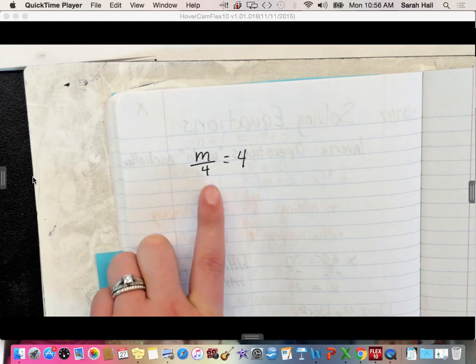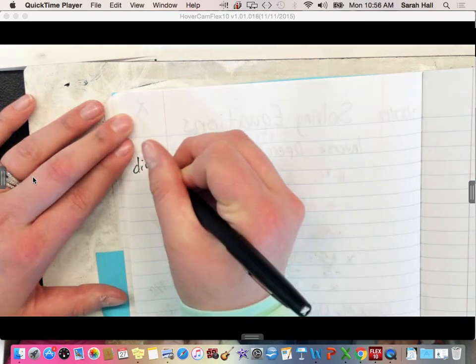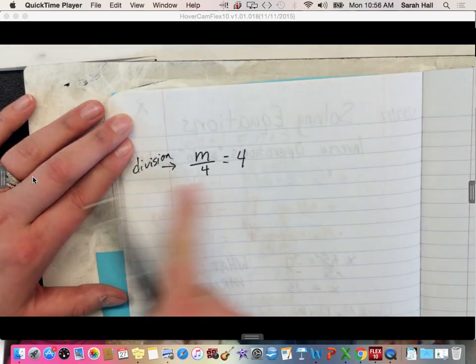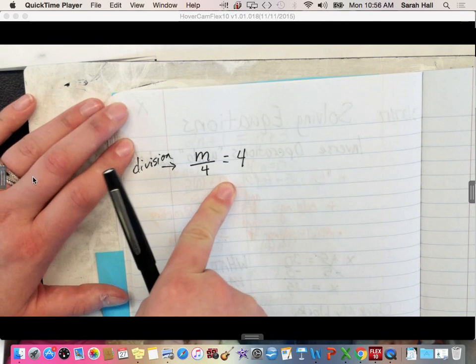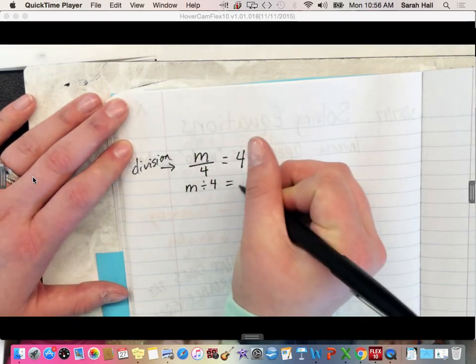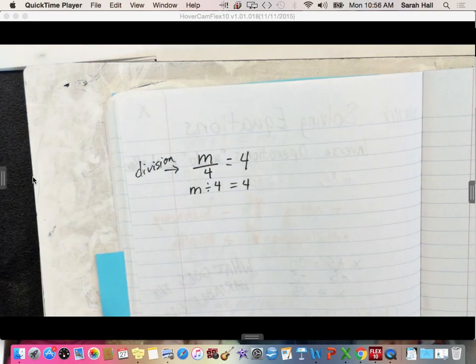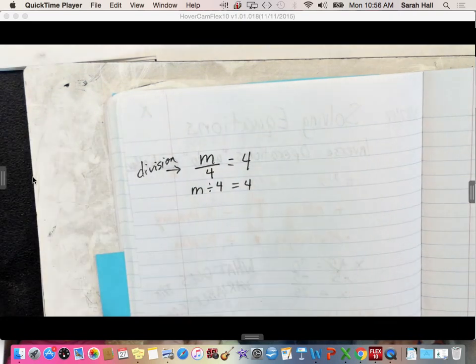When I see a fraction bar, what operation does that mean? Adon? Division. This does mean division, and it's really important that you remember that that means division. So what this is saying, and if you're uncomfortable with that, you can always rewrite it. It's saying m divided by 4 equals 4. This is the same thing, just written in two different ways. You can pick whichever one you like.